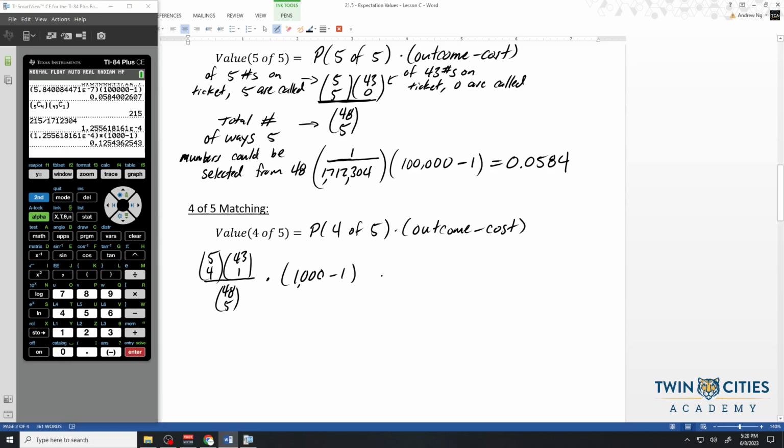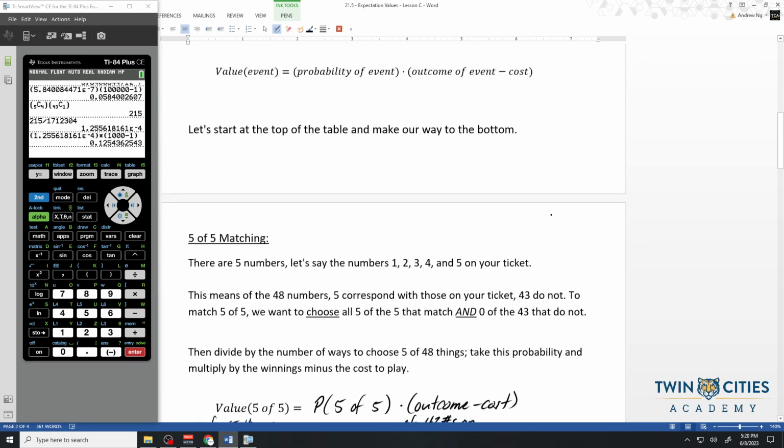The value here is 0.125. Suppose we can go one more here, 0.1254. And let's fill that into our table.